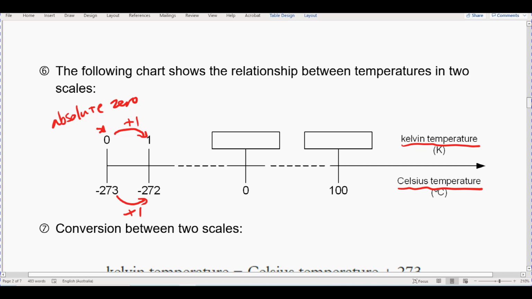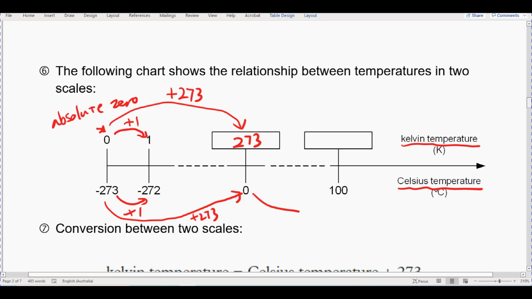You should add 273, so minus 273 becomes 0. The same thing should happen for the absolute scale. So that means 0 degrees Celsius is equivalent to 273 on the Kelvin scale, right?